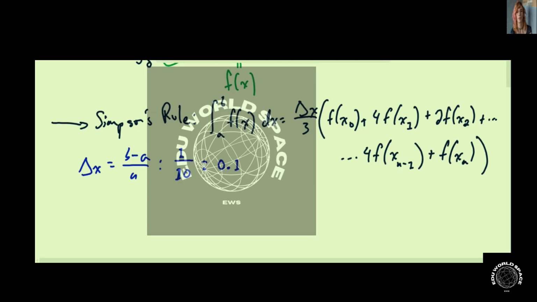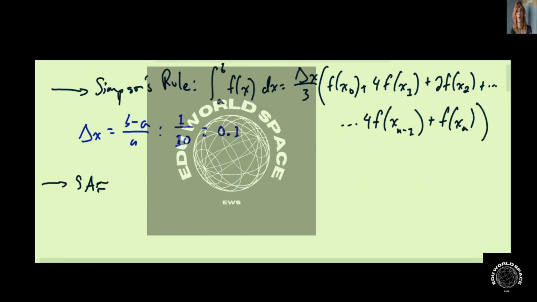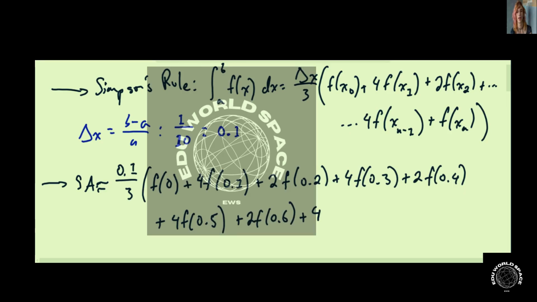So what this means is our integral will be approximately, substituting values of the specific function, 0.1 over 3 times f of 0 plus 4 times f of 0.1 plus 2 times f of 0.2 plus 4 times f of 0.3 plus 2 times f of 0.4 plus 4 times f of 0.5 plus 2 times f of 0.6 plus 4 times f of 0.7 plus 2 times f of 0.8 plus 4 times f of 0.9 plus f of 1.